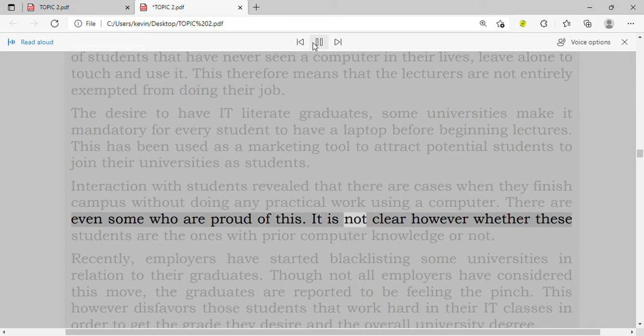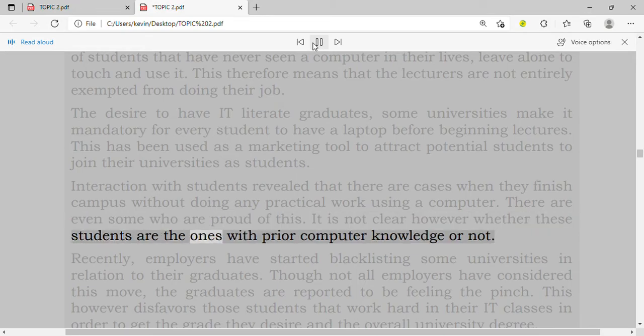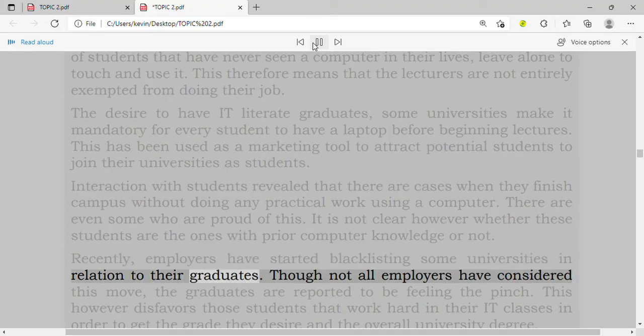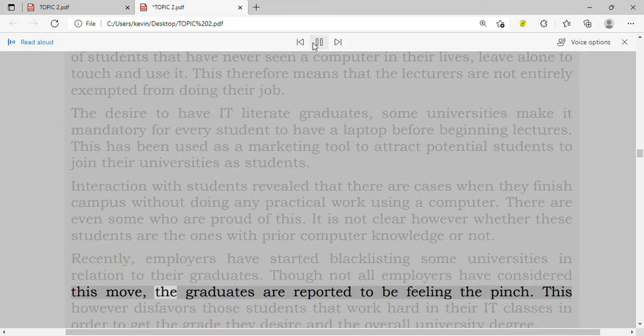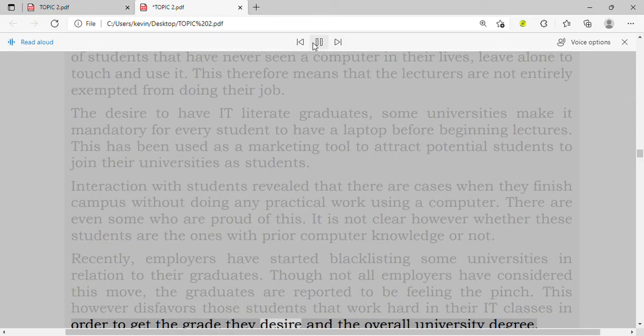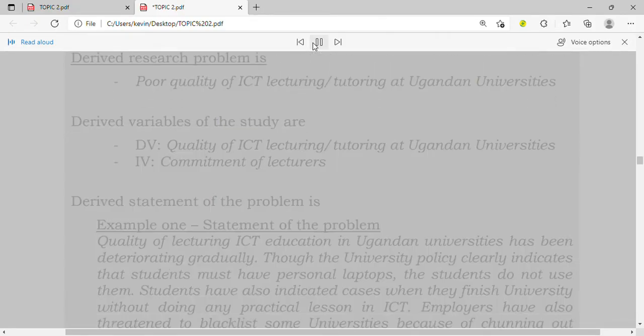It is not clear, however, whether these students are the ones with prior computer knowledge or not. Recently, employers have started blacklisting some universities in relation to their graduates. Though not all employers have considered this move, the graduates are reported to be feeling the pinch. This however disfavors those students that work hard in their IT classes in order to get the grade they desire and the overall university degree. Derived research problem is poor quality of ICT.